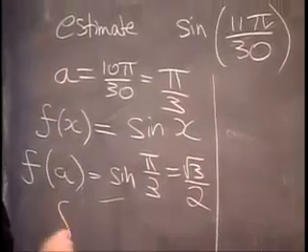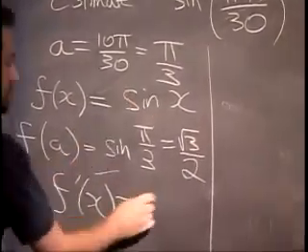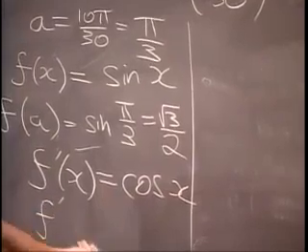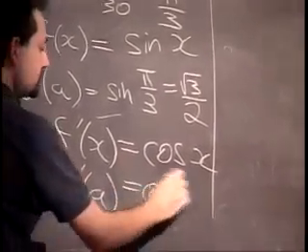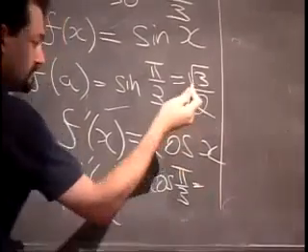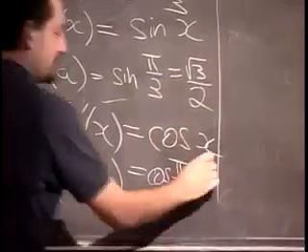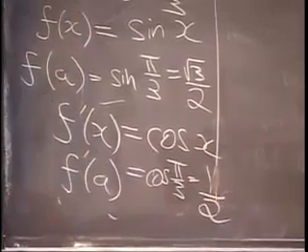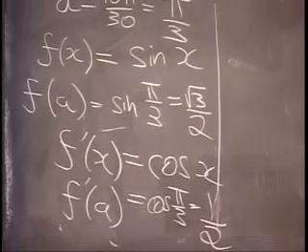What is the derivative of f? Well, the derivative of sine is cosine. So what is the derivative at a? Well, it's cosine pi over 3, which is 1/2. Okay, so the function value is root 3 over 2, and the derivative is 1/2.